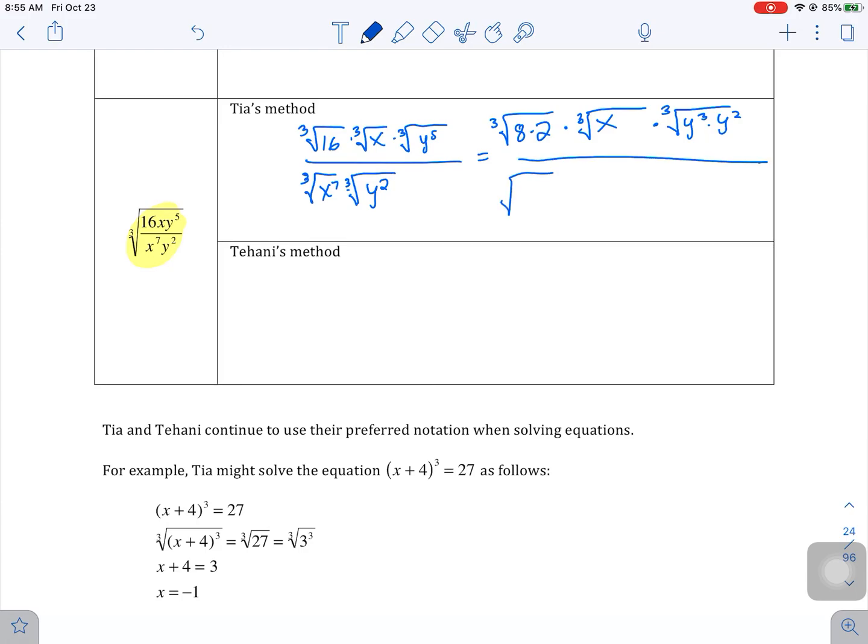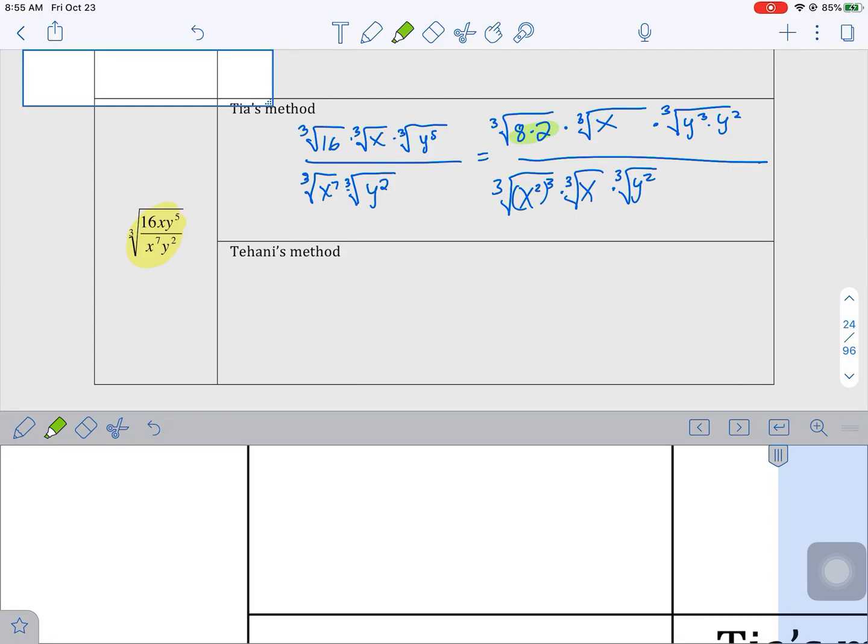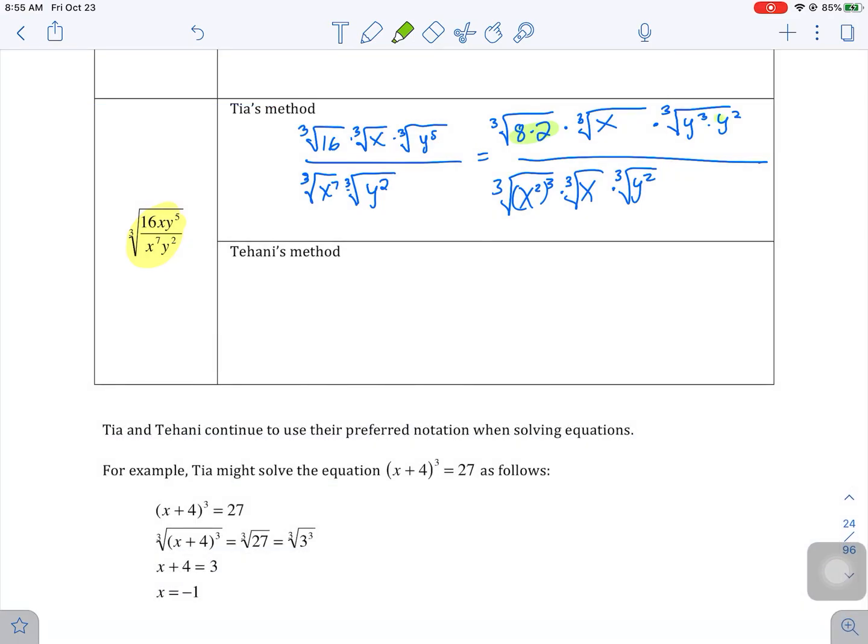On this side, I'm going to say the cube root of x squared cubed, that's x to the 6th, times the cube root of x times the cube root of y squared. So we made some changes to a few of these. We changed 16 to 8 times 2. We also changed y to the 5th to y cubed times y squared. We changed x to the 7th to this. And we left the other one as it is.